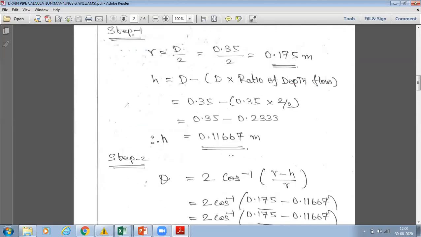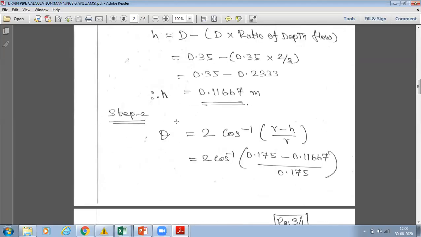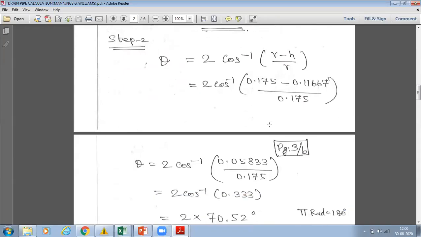So in step 2 you have to get the theta. The theta formula is 2 into cos inverse of (R minus H) divided by R. The R value you already know, 0.175, minus the H value 0.1167, divided by R 0.175.